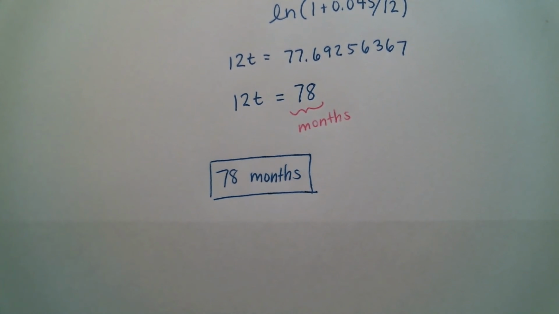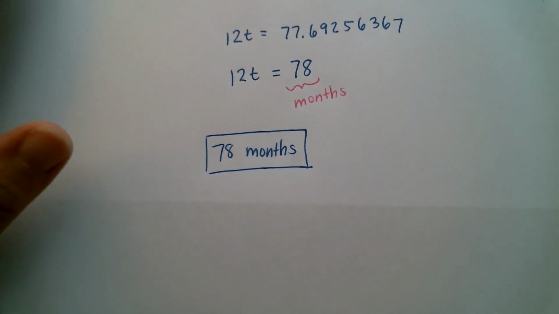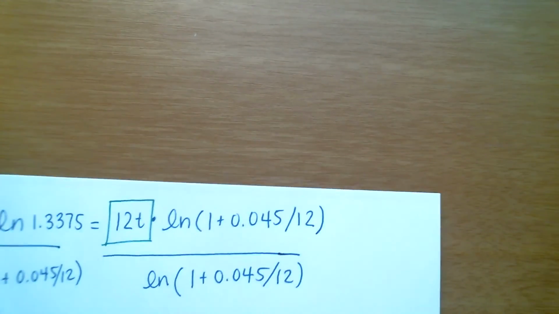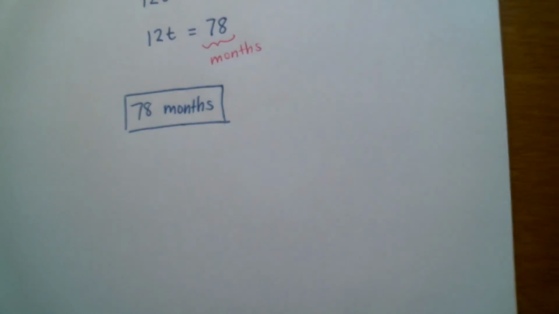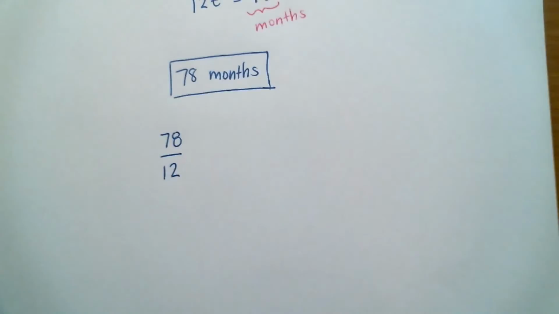Or if you're expected to express it in years and leftover months, you need to know how to convert to that. So we'll go ahead and do the conversion really quickly. Remember how you do this. We know it's going to take a total of 78 months, so we're going to take the 78 months and divide by 12 because there's 12 months in a year.